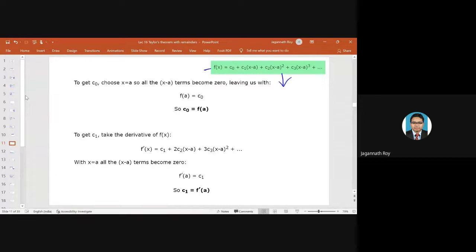If you put x equals a in this equation, then you will get f(a) equals c0, because all the other terms will be 0. So in place of c0, we can now substitute f(a).